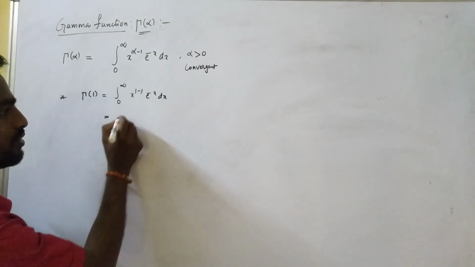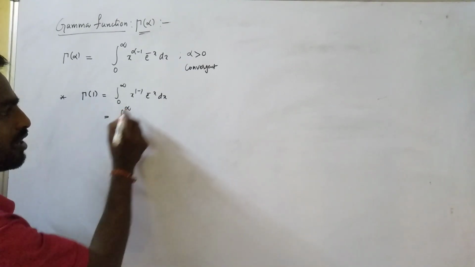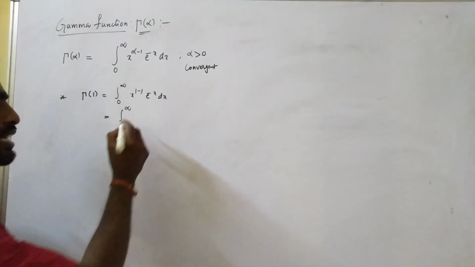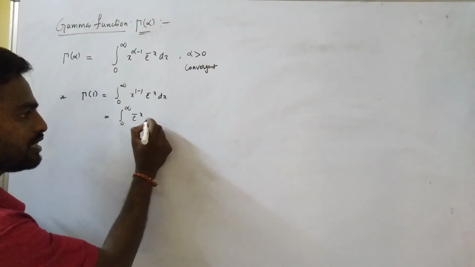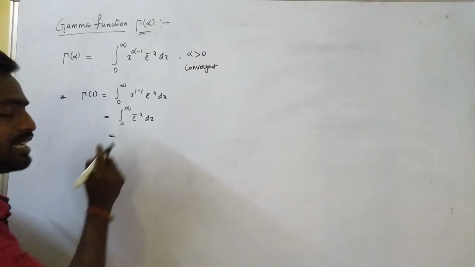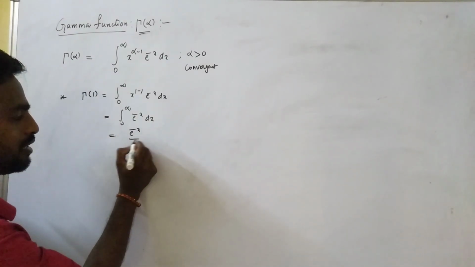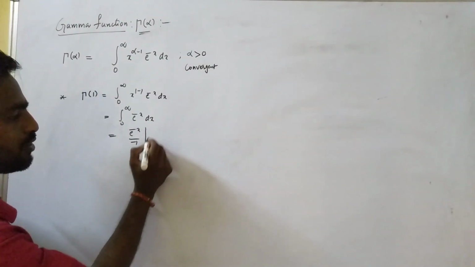X to the power of 1 minus 1 is x power 0, which is equal to 1. The integration of e power minus x is e power minus x by minus 1, with limits 0 to infinity.